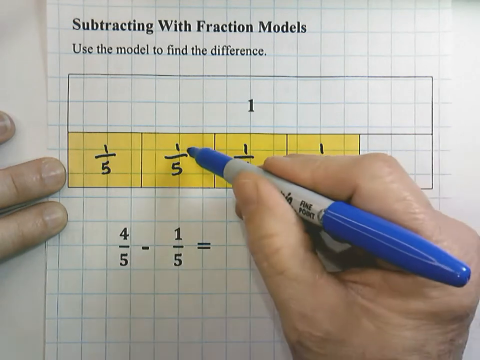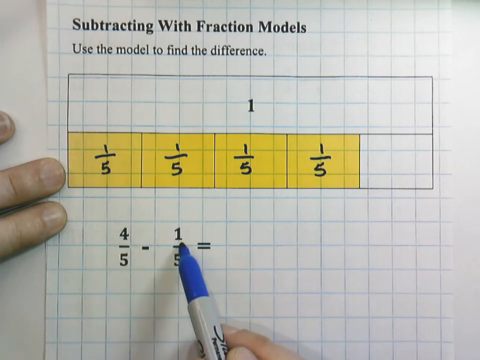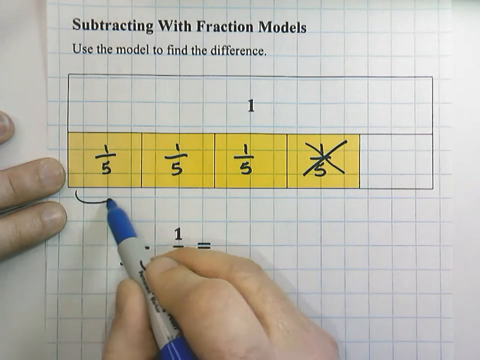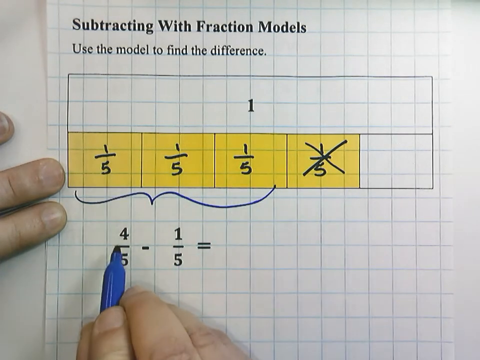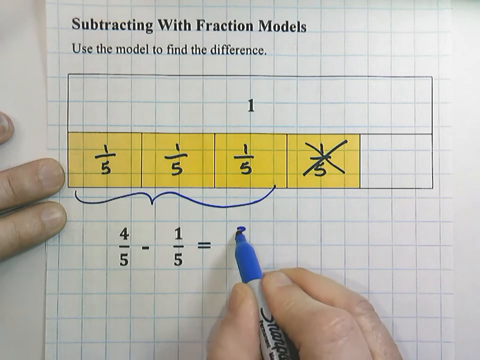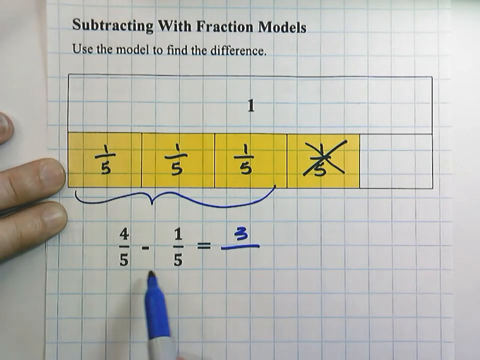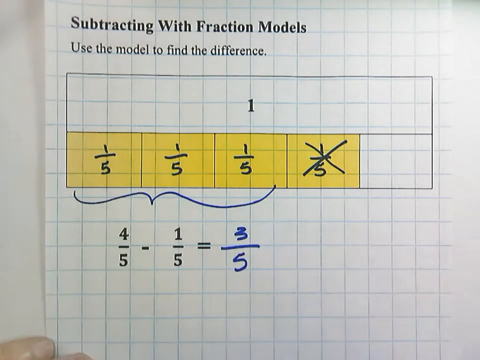Remember, these are unit fractions with a 1 on top. That's our 4/5, and we're taking away 1. And that would leave us with 1, 2, 3. Remember, 4 minus 1 is 3. Am I going to subtract here? No, we're going to go boom, boom, boom, and our answer would be 3/5.